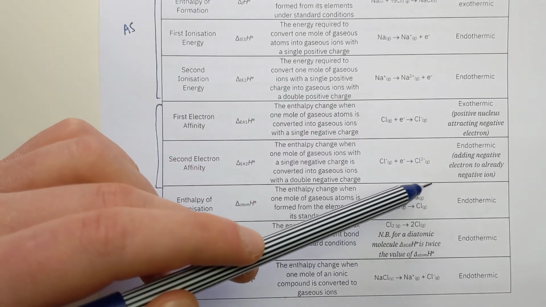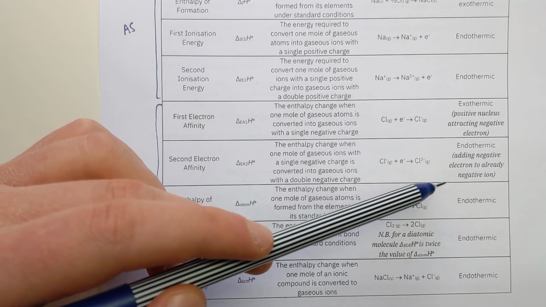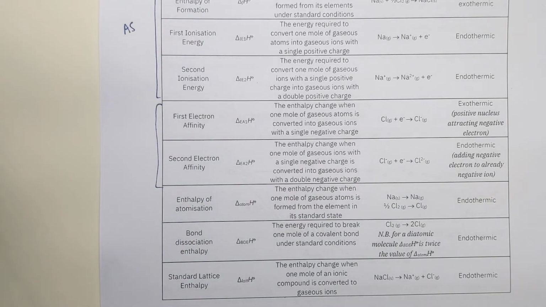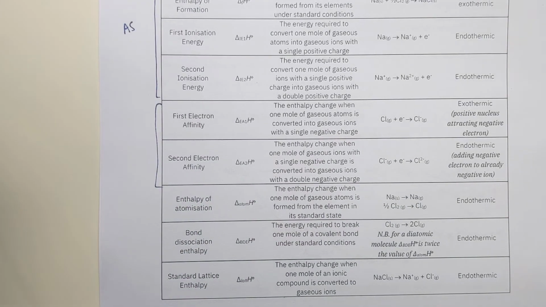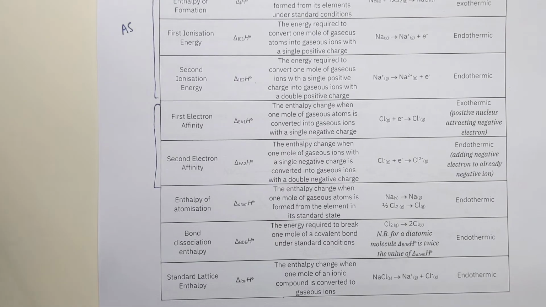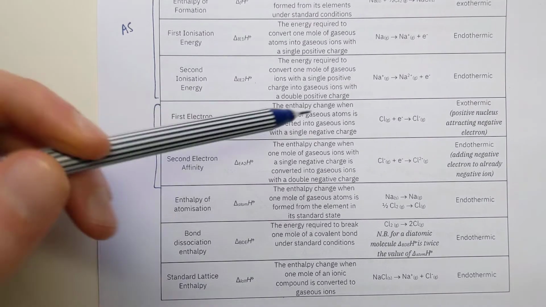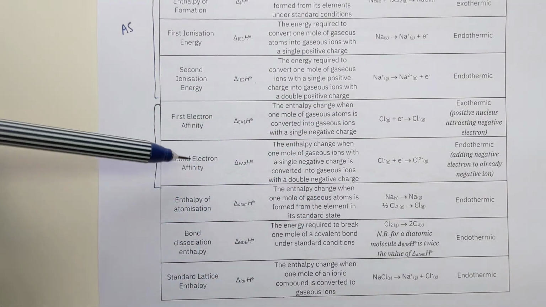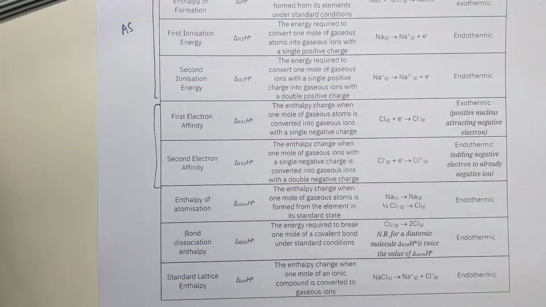It's actually quite hard to add the second electron though. The reason for that is once you've added the first electron, you've now made your atom into a negative ion. If you then try and add another negative electron to an already negative ion, you've got a bit of a repulsion there, so they'll push apart from each other. So it actually involves adding a wee bit of energy to get them to stick together. So first electron affinity, exothermic. Once you get to adding the second electron, it becomes endothermic.